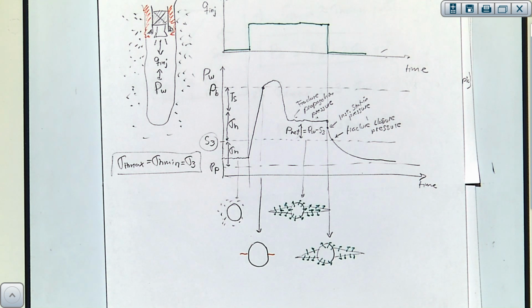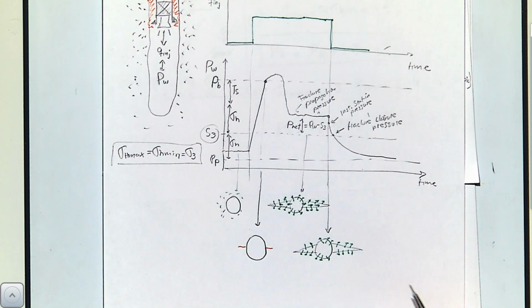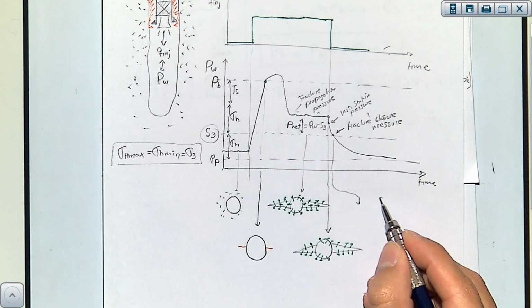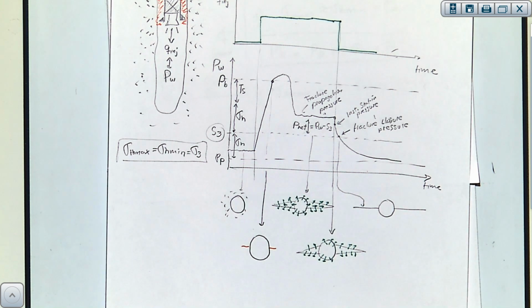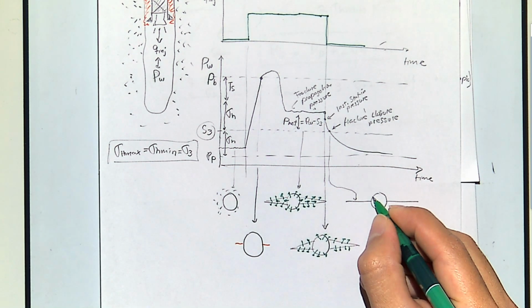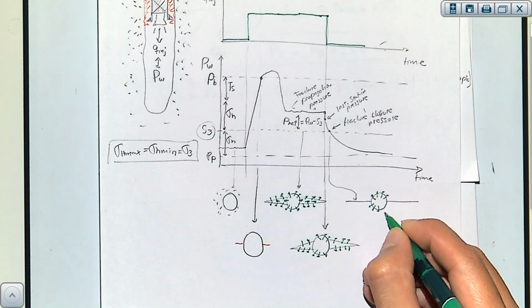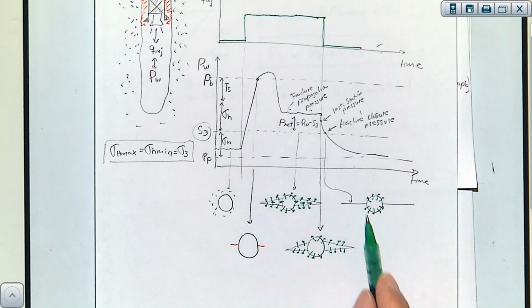But now, since the fracture is closed, that means that the net pressure is going to be 0, and the fracture closure pressure is closed. Now there is just, we assume, fluid leak off just from the wellbore.